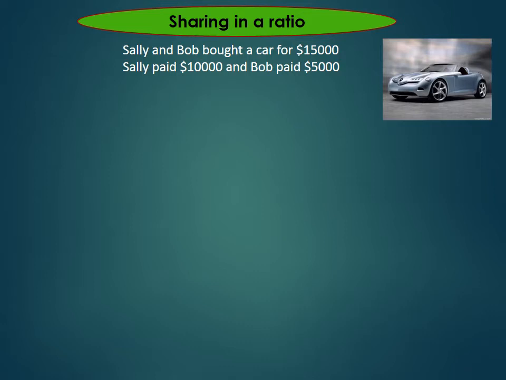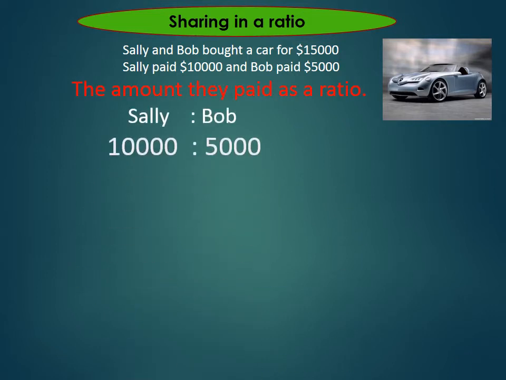We can write the amounts they paid as a ratio. Sally paid $10,000, Bob paid $5,000. Then we can simplify this ratio. How will we simplify it, remember? Yes, finding the highest common factor. What is the highest common factor between 10,000 and 5,000? It's 5,000.